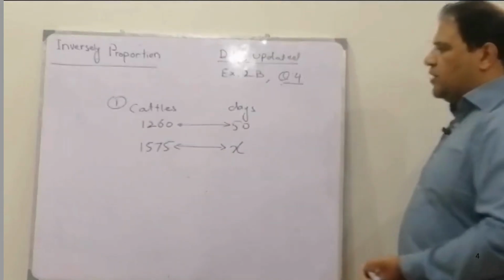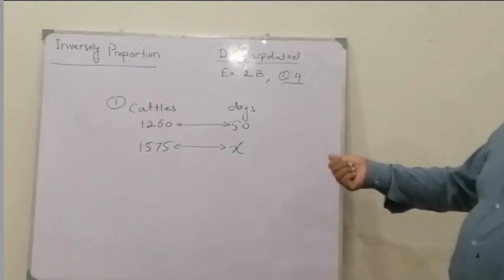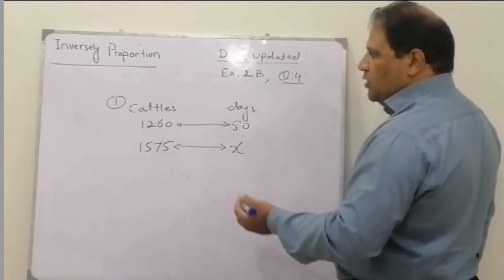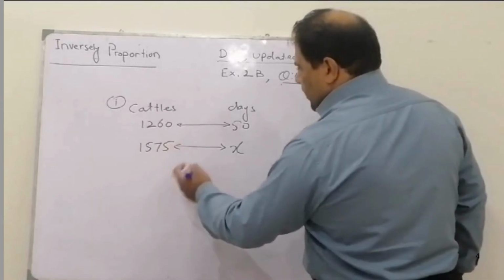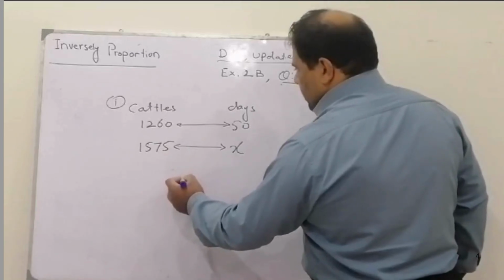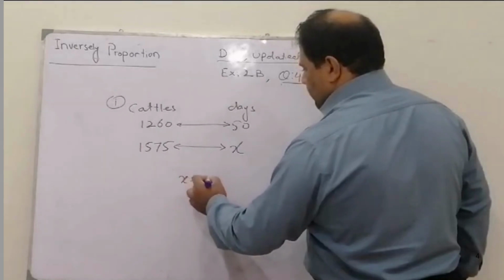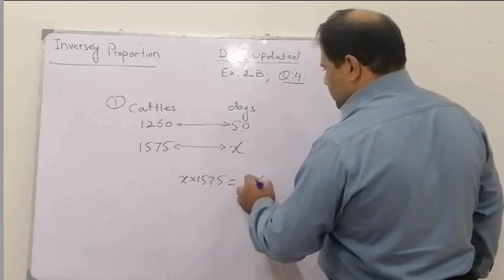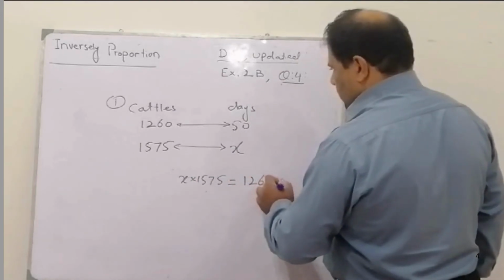Again, if the cattle are increasing, it will last for fewer days, so we again multiply using the inversely proportion method, and this is x multiplied by 1575 is equal to 1260 multiplied by 50.